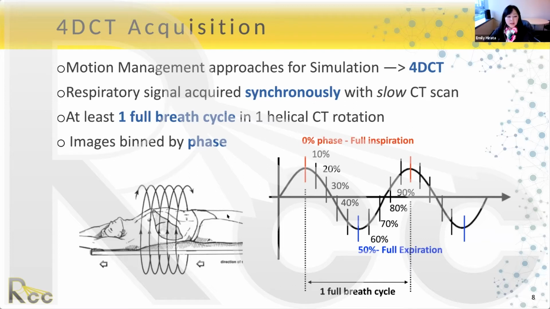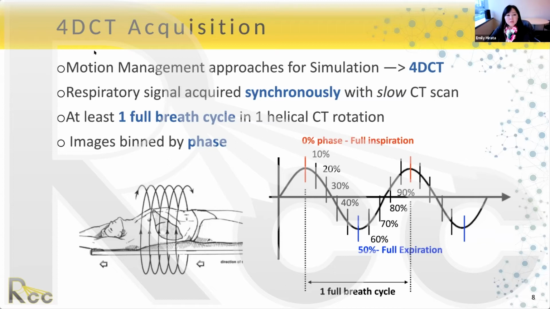So the patient's lying on the table, they're breathing. You can imagine a sinusoidal respiratory trace: you breathe in, you breathe out, you breathe in and you breathe out. And as they're breathing, the CT scan is acquiring data and rotating around the patient.